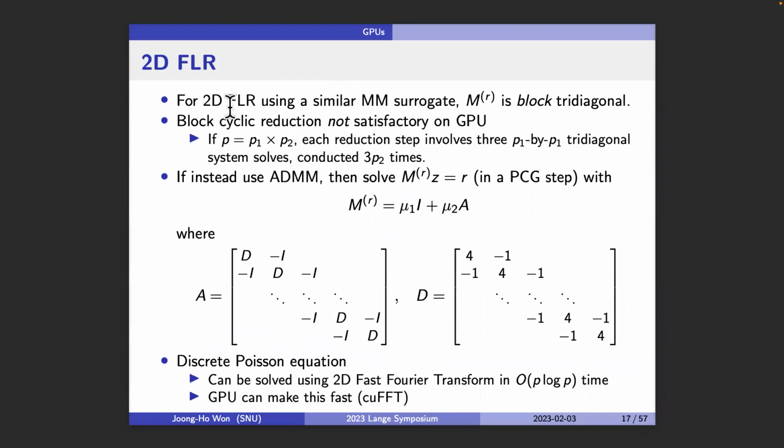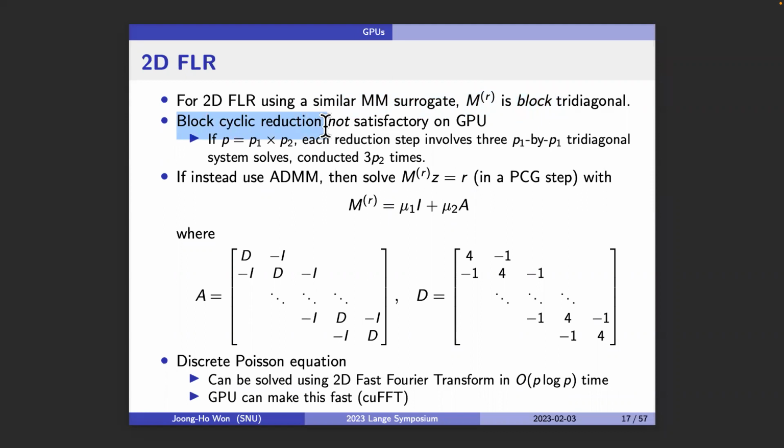So for 2D fused lasso, I was able to develop a new, similar surrogate function, just like that 1D case. But it turns out this MR matrix is now block tridiagonal because of the 2D structure. And there's a block version of a cyclic reduction algorithm.